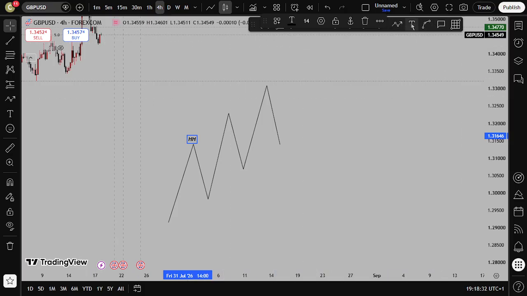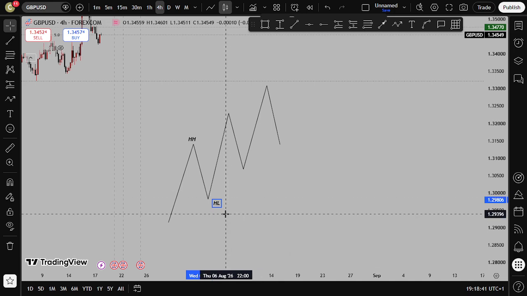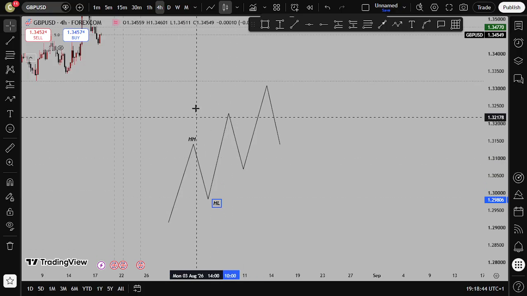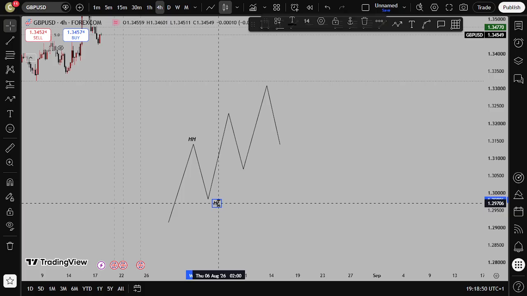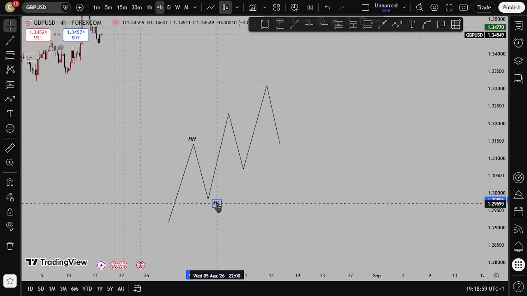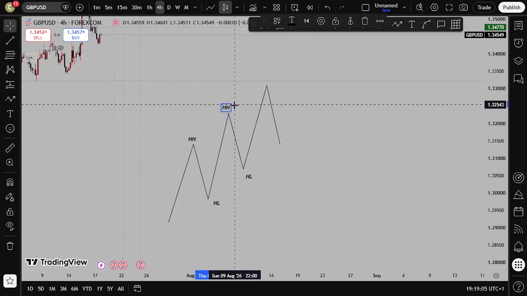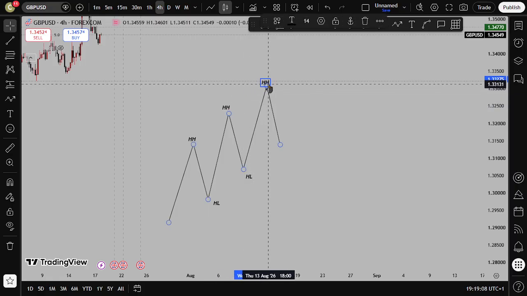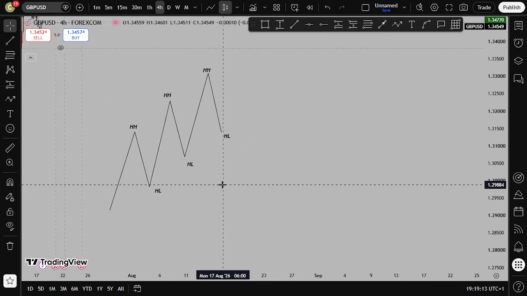higher high, higher low, higher low, higher high. So this is the case of an uptrend.